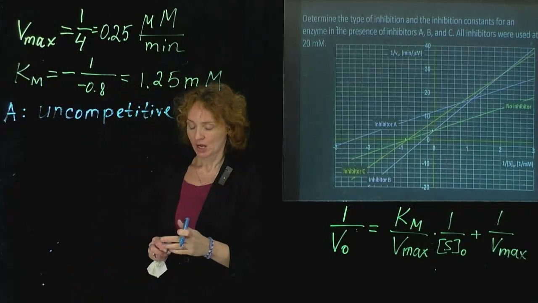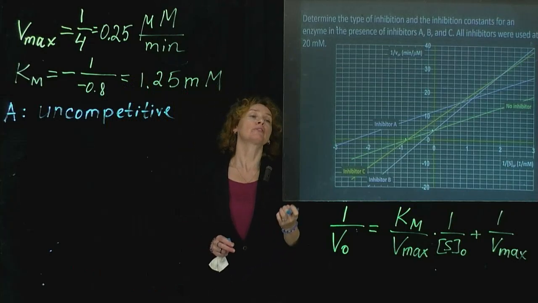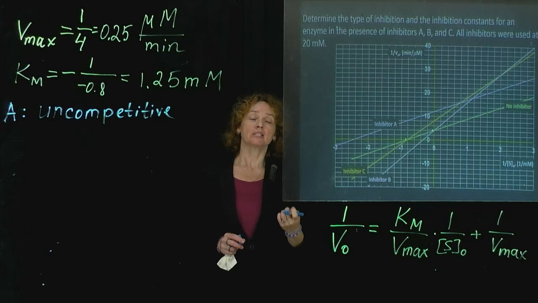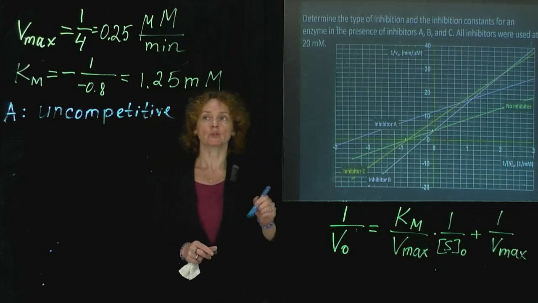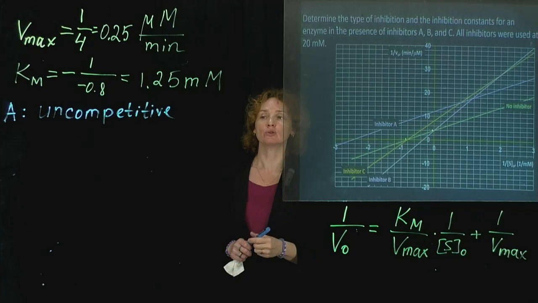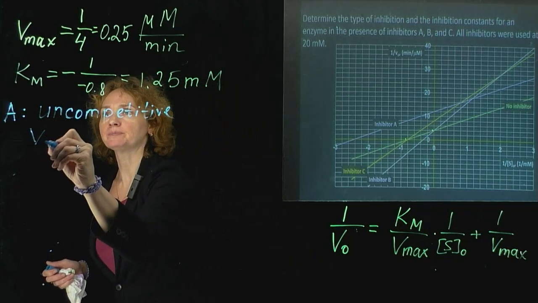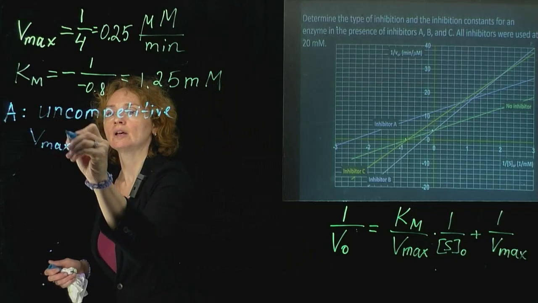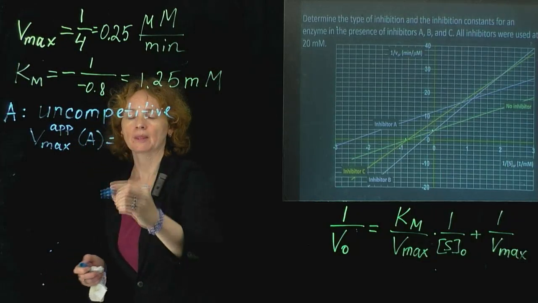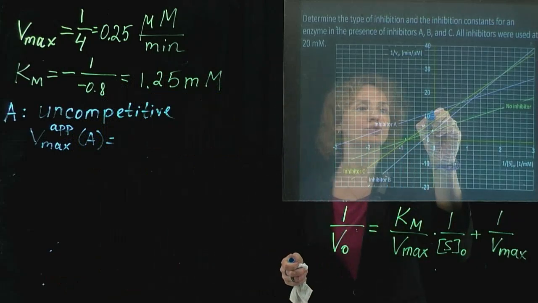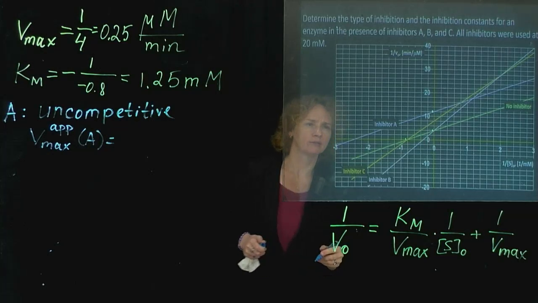So we can determine the inhibition constant through the ratio of our maximum velocities, the apparent one and the one in the absence of inhibitor. We already know the maximum velocity in the absence of inhibitor. Now we need to determine our apparent maximum velocity, for which we need to determine the y-intercept again, which will be 12, right?